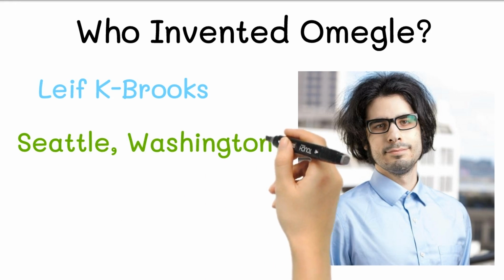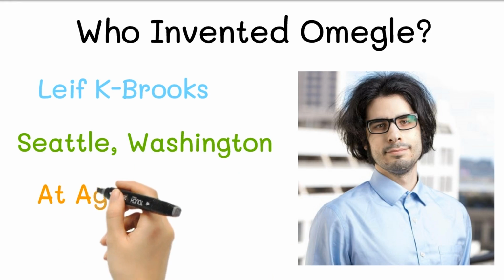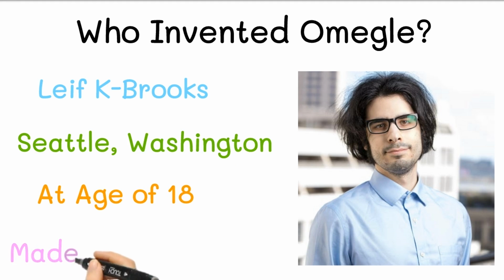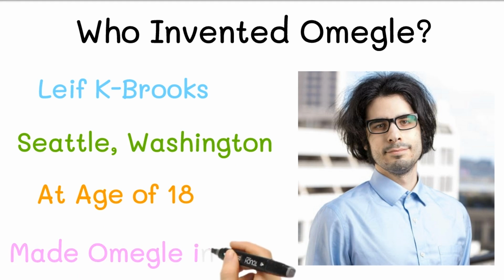You will be very amazed to know that at the very young age of 18, he made this awesome little website of Omegle in 2009. So this is the history of Omegle, that you are using this website for almost 13 years now, and this website was developed by a single person, not a team. So it's really nice to know.